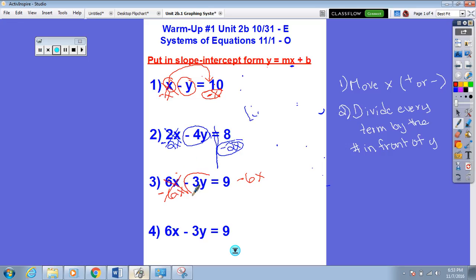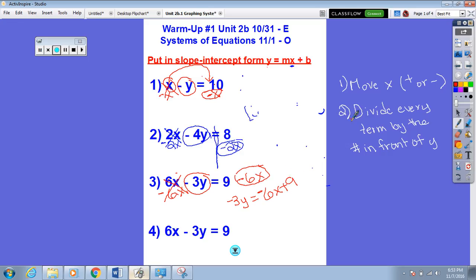So when I bring down this sign, I have to bring down a negative 3y equals, remember we write the x term first, and since the sign in front of it is negative, I write negative 6x. The 9 is positive, so I write it as plus 9.